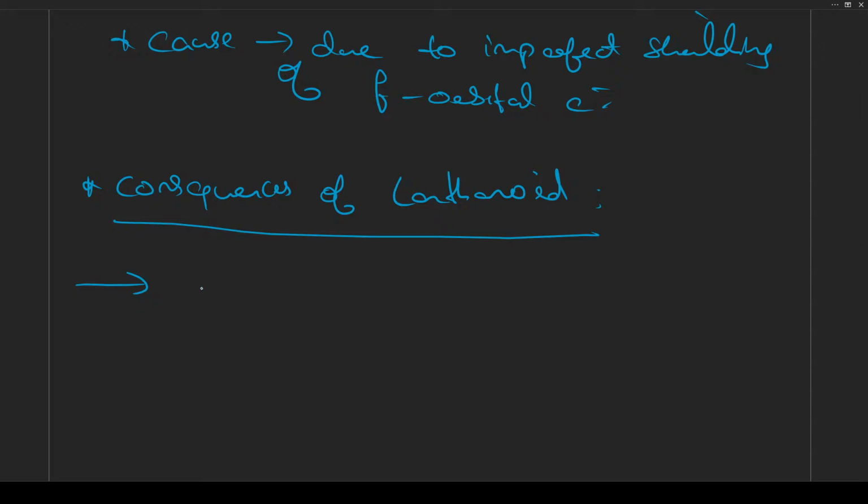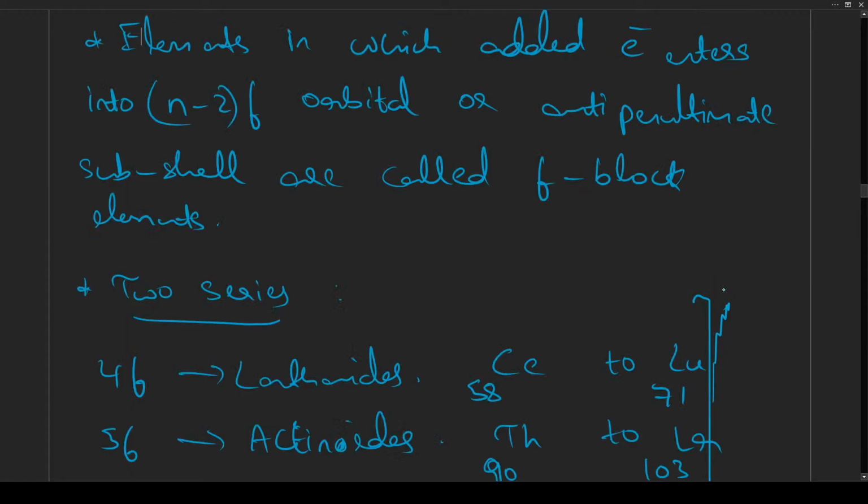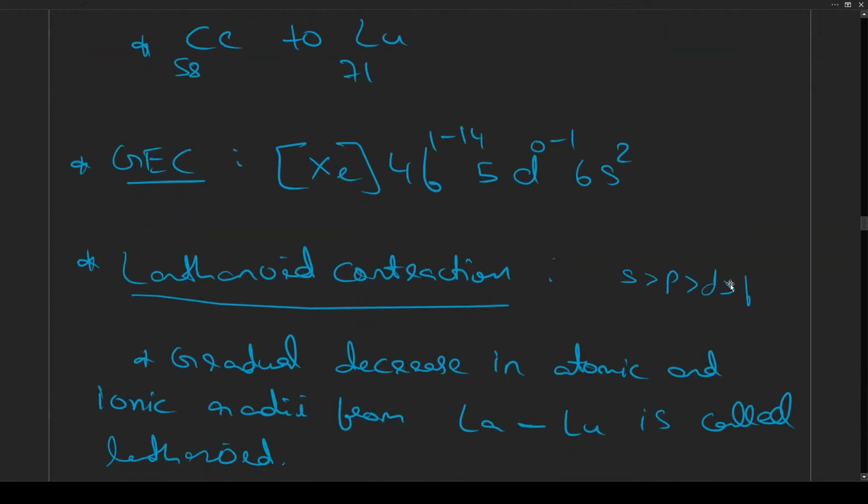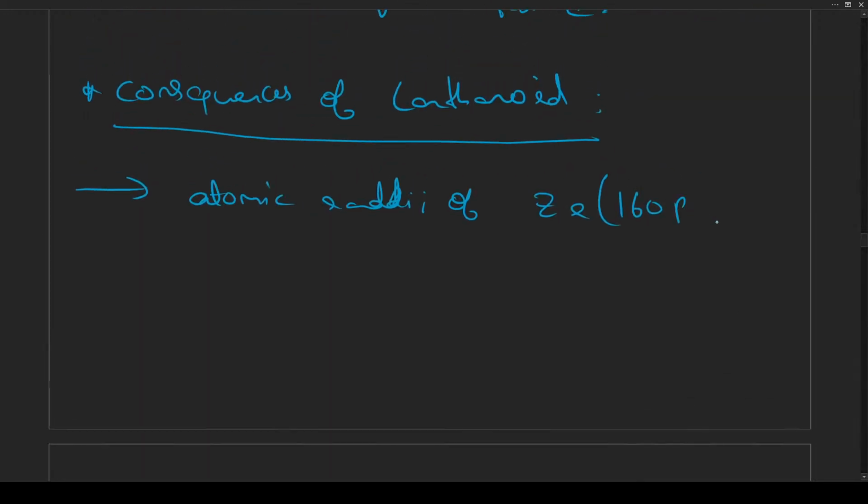Due to lanthanide contraction, the atomic radius of zirconium is 160 picometer, and hafnium is 159 picometer. It is almost the same.